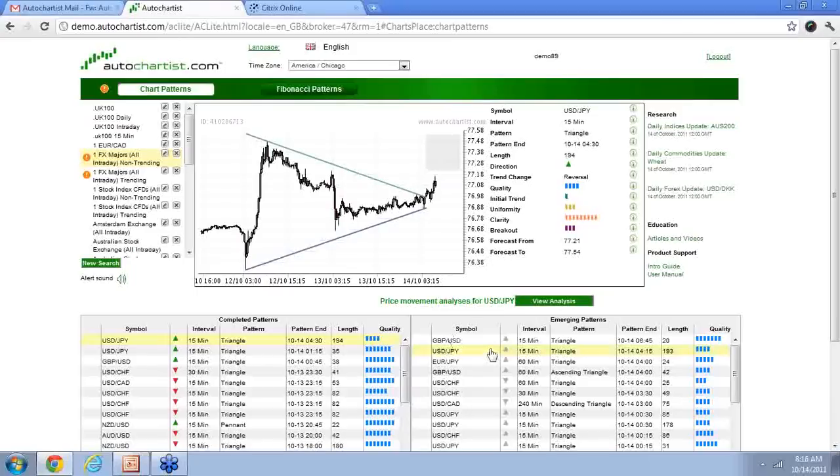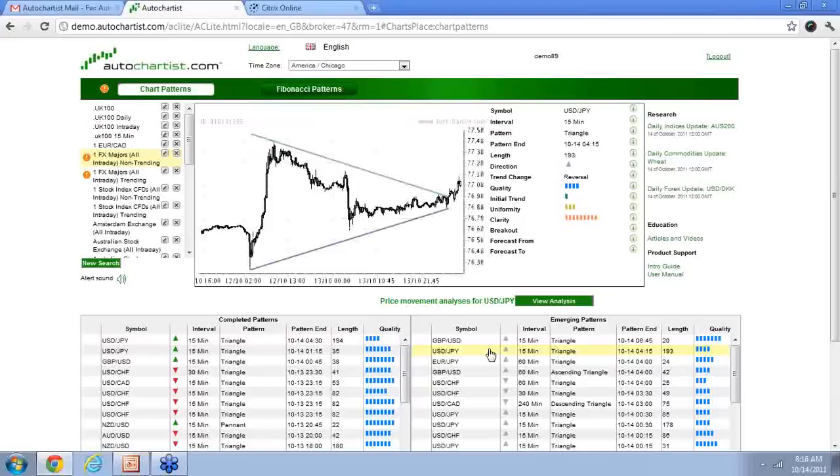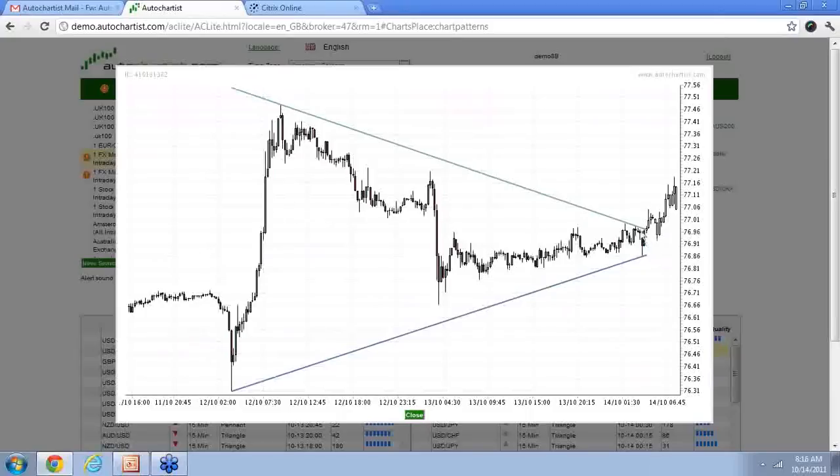Okay, now going back to this pattern here, when I'm in the stage of this market becoming an emerging pattern, I can look at where this area is or where it can break out. So that's part of my analysis, is that I can look at what's going on here right around this part as it is an emerging pattern.